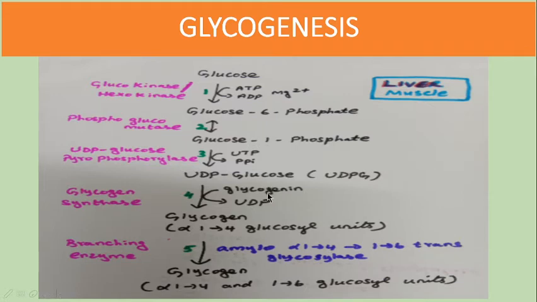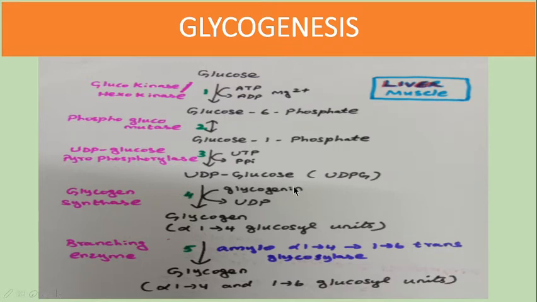This will act as a primer for glycogen synthase to transfer glucose from UDPG. The glycogen synthase enzyme will transfer a glucose residue from UDP glucose to the non-reducing end of this pre-existing glycogen chain or primer by forming an alpha 1,4 glycosidic bond between C1 of the glucose residue from UDP glucose and C4 of the terminal glucose residue of the glycogen primer.